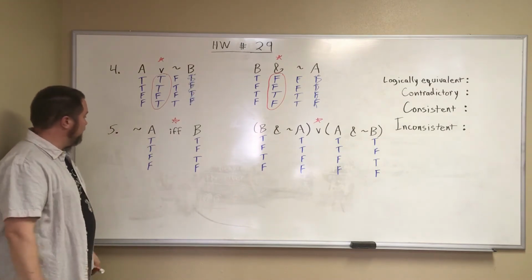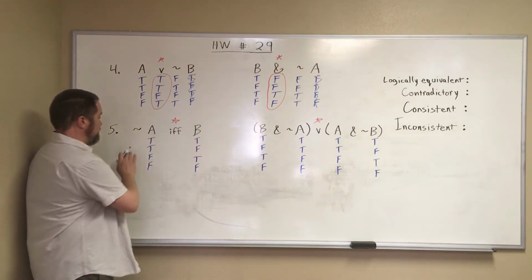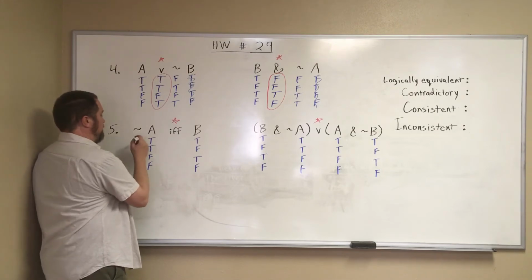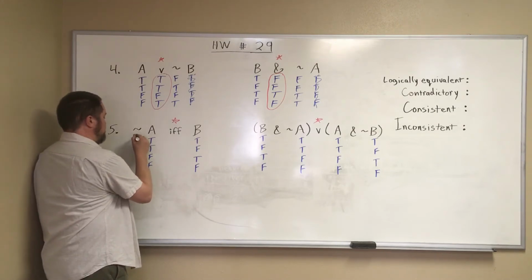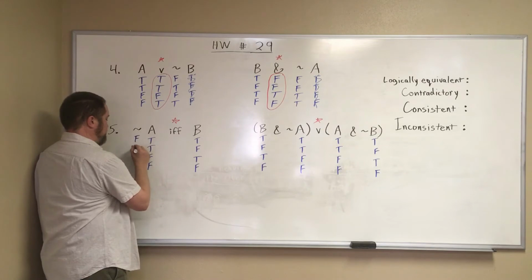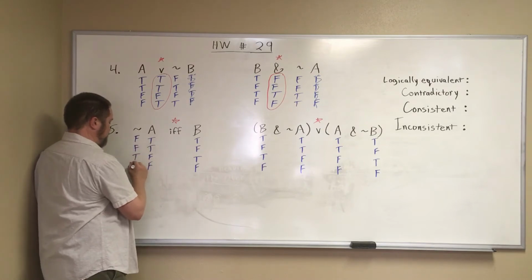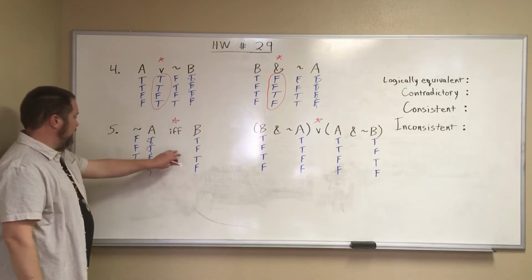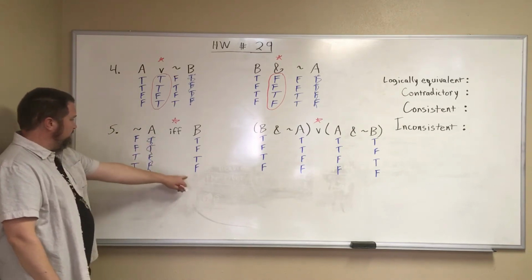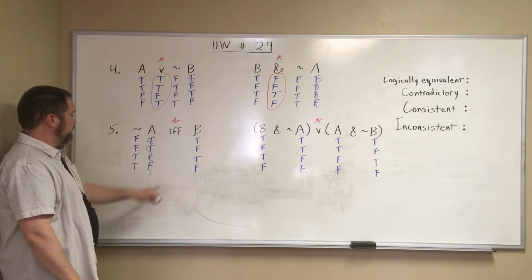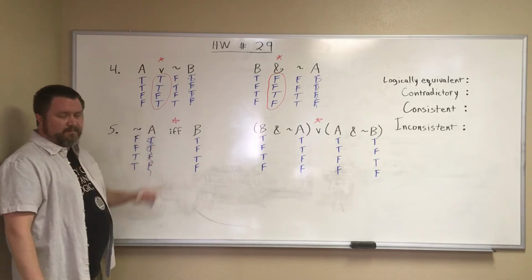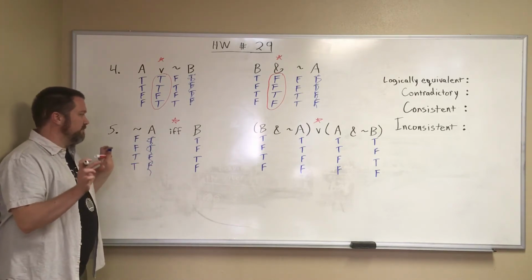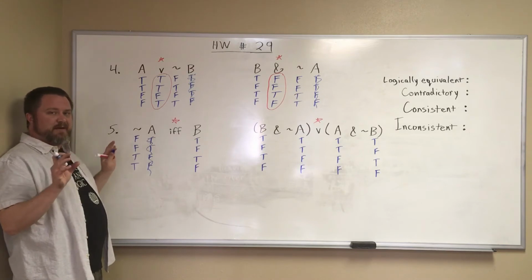So let's go ahead and fill out the truth table. Start with the negation here. It's going to be opposite truth values of A: false, false, true, true. And cross out the column under A. Looking at these 2 columns for the biconditional, for a biconditional to be true, both sides have to be the same truth value.